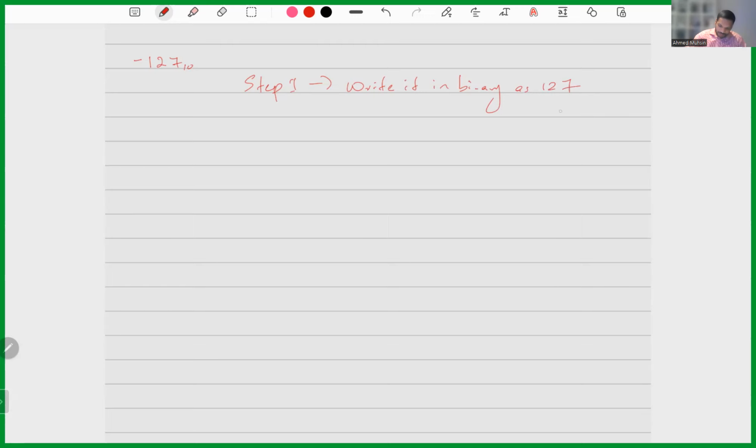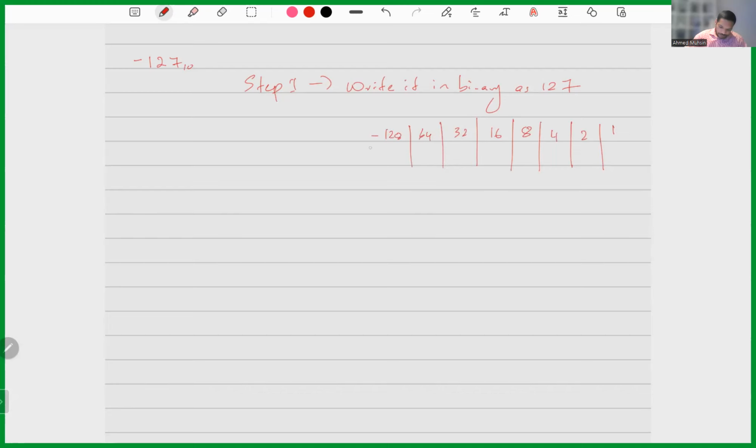If you put the position value table, we have 1, 2, 4, 8, 16, 32, 64, and not 128, we have minus 128.